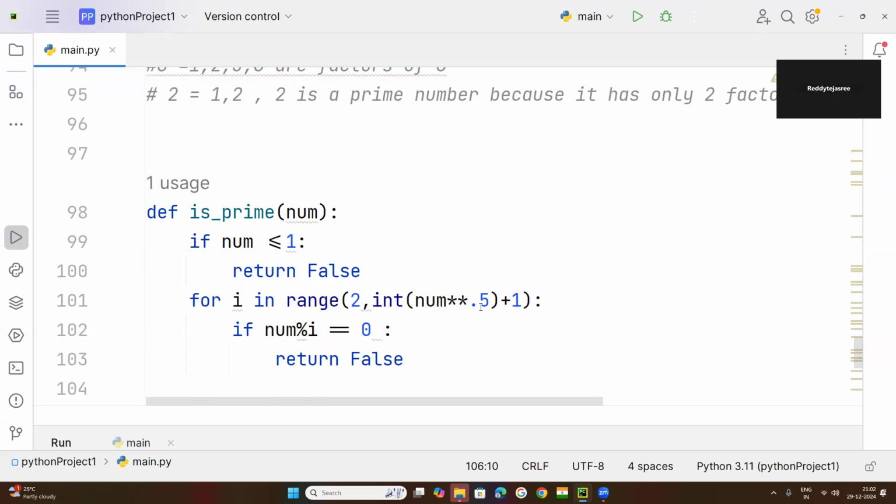Half means 0.5. So for that 0.5, suppose the number is x. This double star means exponentiation. Exponentiation of what? 0.5.